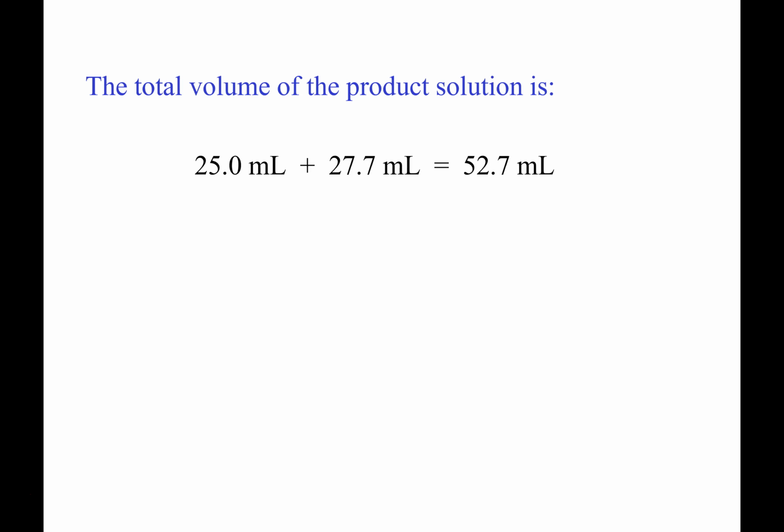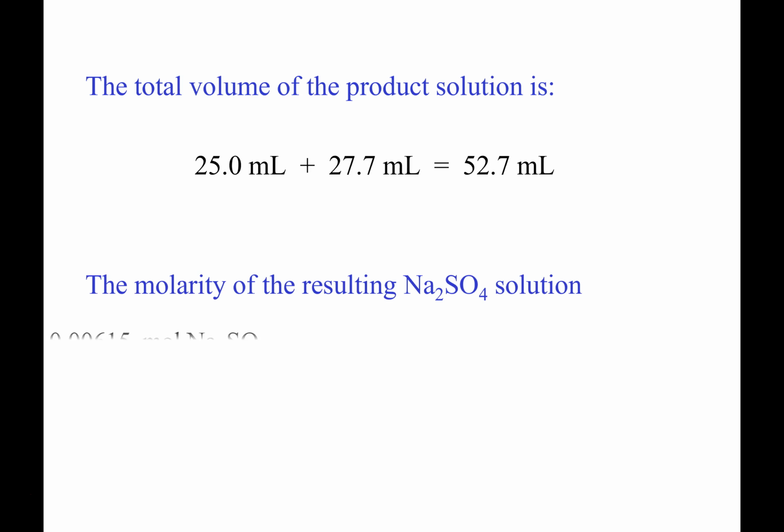Like Madison said, we're ready to go for the end result. To knock out the molarity of our Na2SO4, we take the moles from the previous slide, 0.00615 moles of Na2SO4, and divide it by 52.7 milliliters of solution. So Benny, how do we fix this to get moles per liter instead of moles per milliliter? 1,000 milliliters over 1 liter.